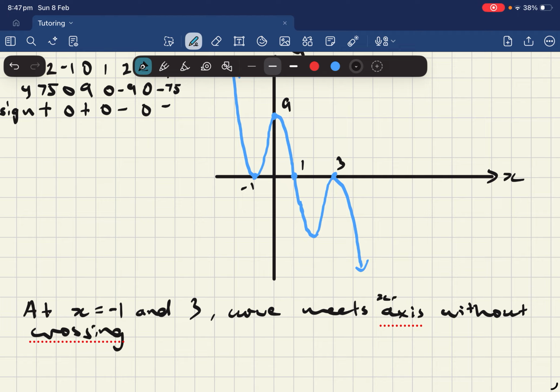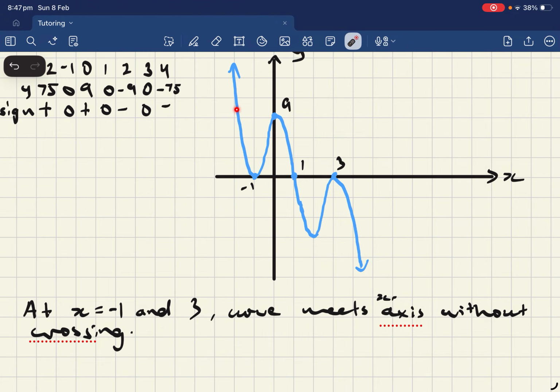So the exact same thing happens. The x-axis is a tangent to the curve at those two places. So it touches, then stays positive, passes through this intercept, and then touches here and goes down.